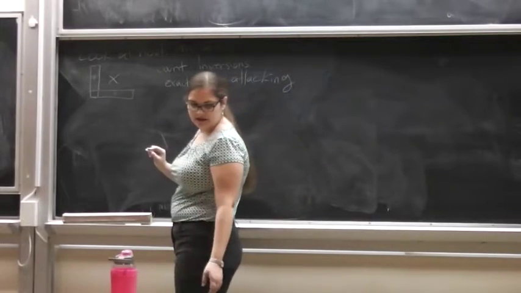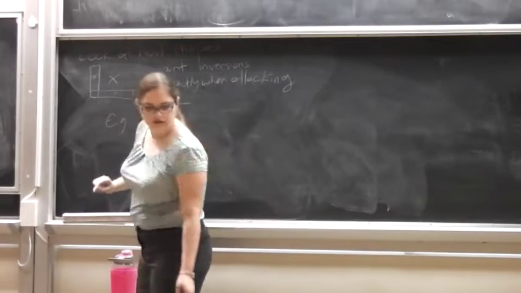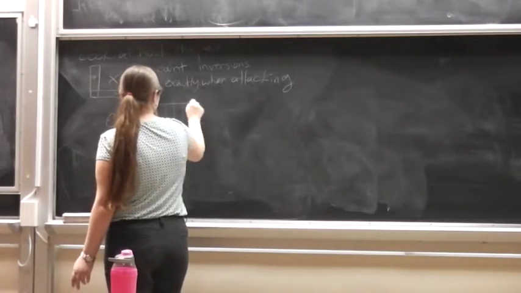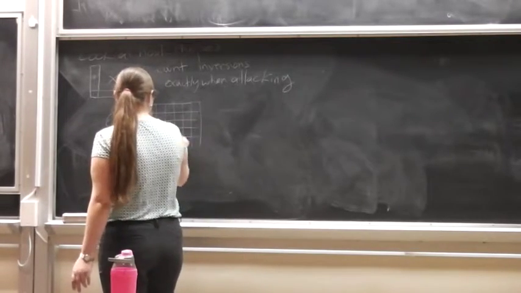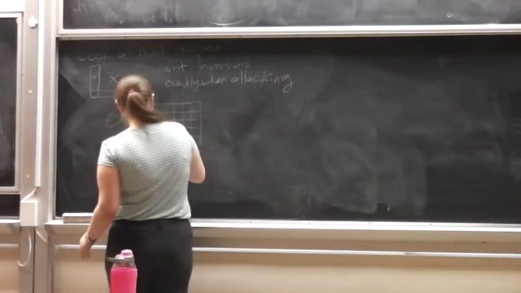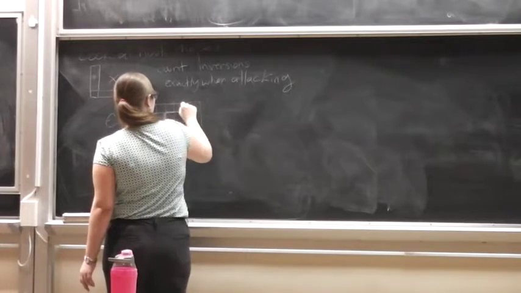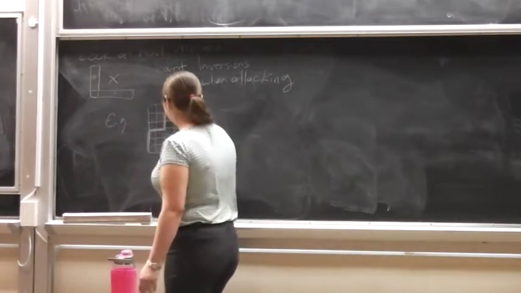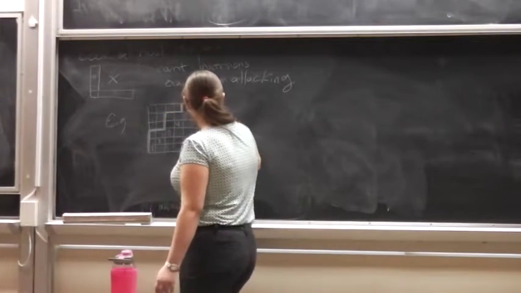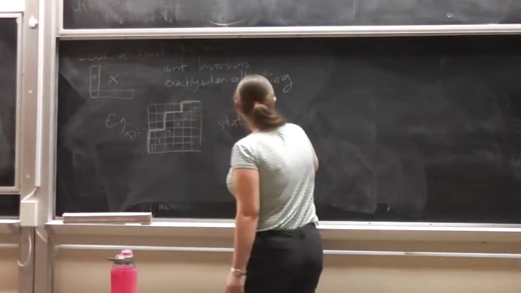So if I have, say, this Dyck path, I can put the numbers on the diagonal just for easy reference. And I want to see what the statistic of this Dyck path should be for this hook shape.